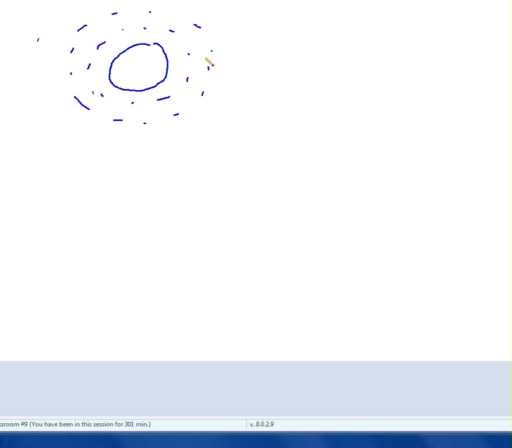Inside the nucleus you have the protons, and you have the neutrons. Remember, the electrons are those negatively charged particles out here. I'll put E, and they vary in number.